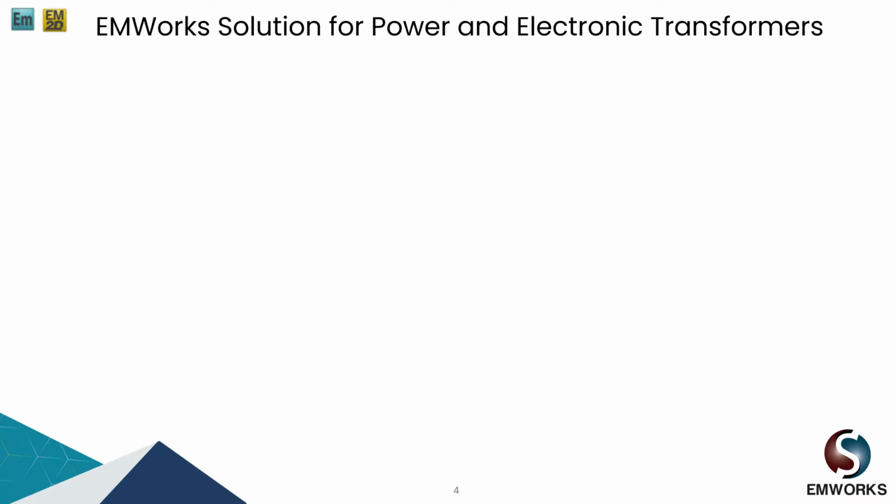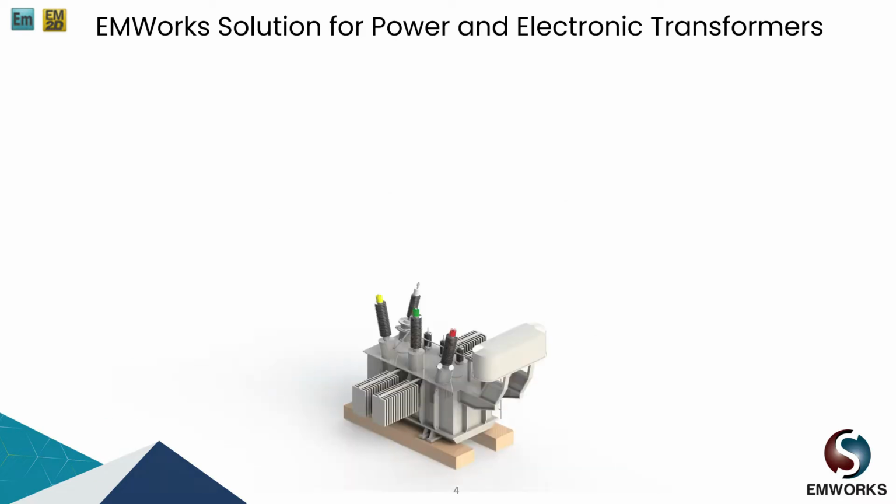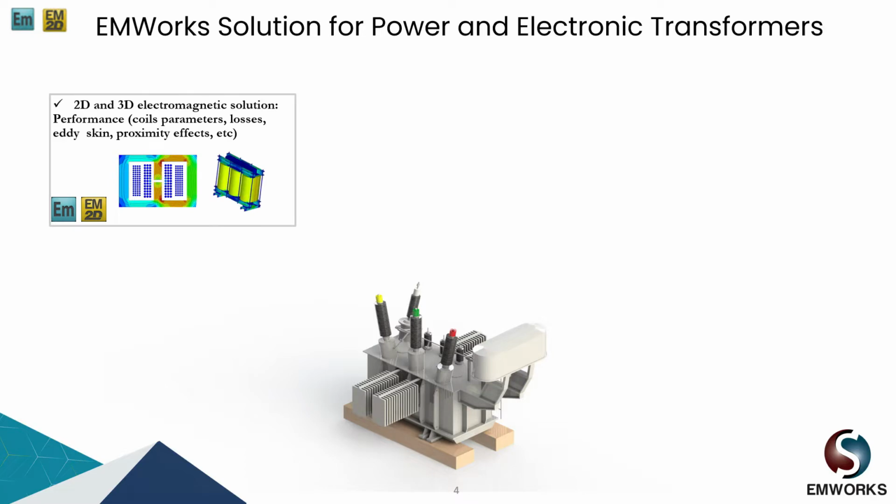Alright, so adopting an accurate and complete solution helps to overcome those issues during the design process of a power transformer. EMWorks proposes a solution for transformer applications, which is an electromagnetic simulation package that covers both 2D and 3D problems.